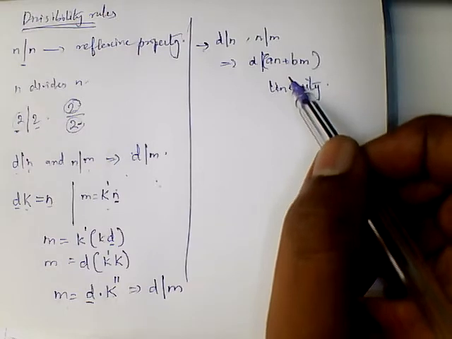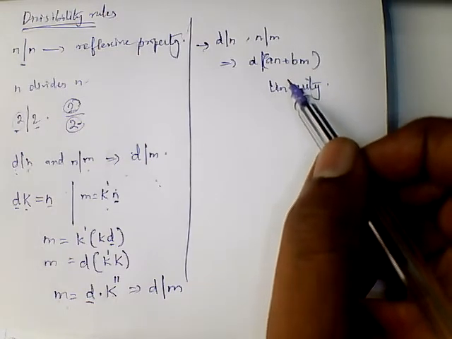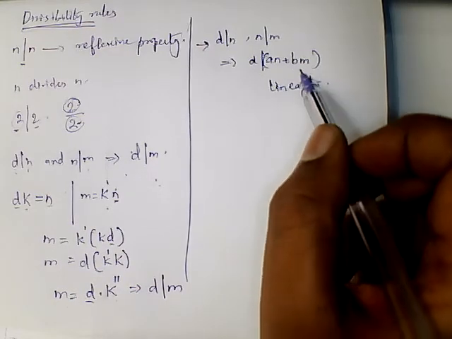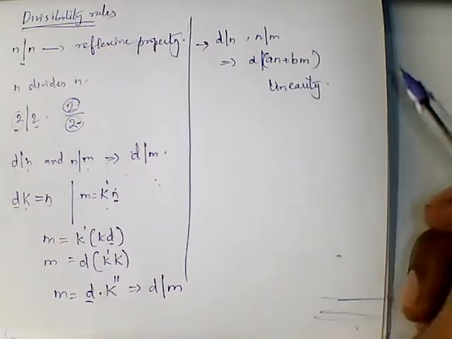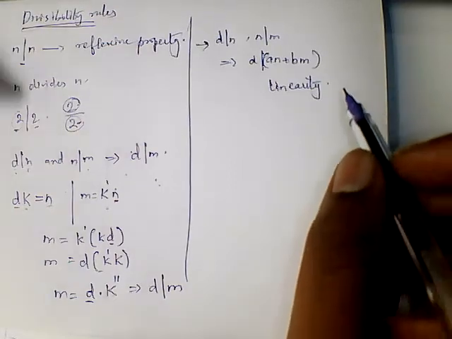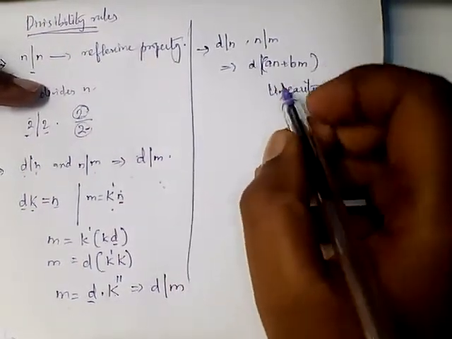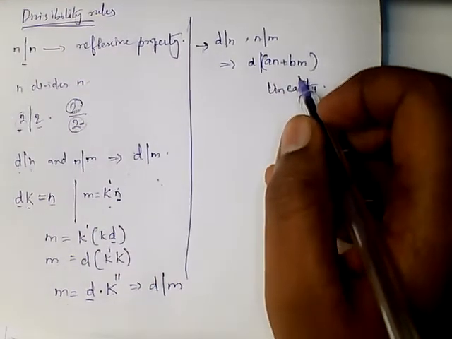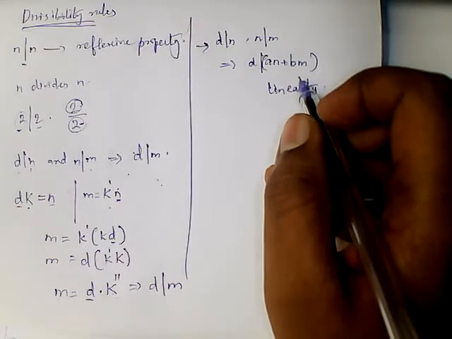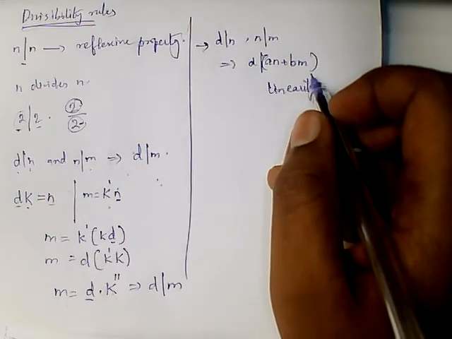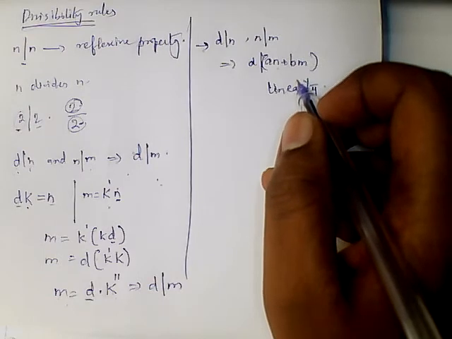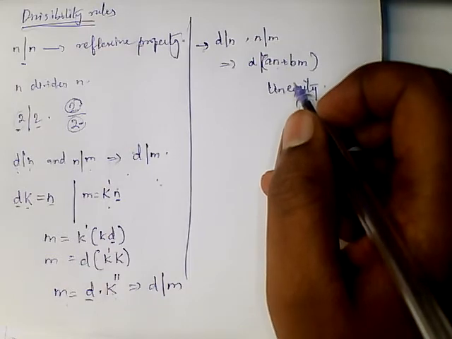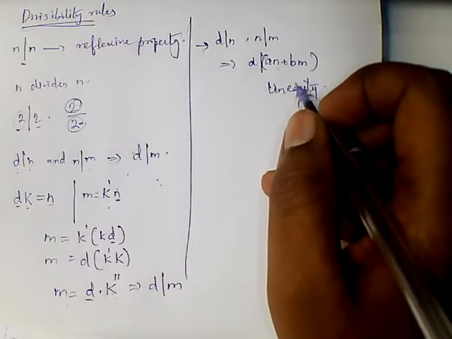Whenever we add the values, you will eventually get this form, that is, d divides an plus bm. Here a and b are the linear coefficients, variables that could be different in this case. This is pretty much what we usually use here.